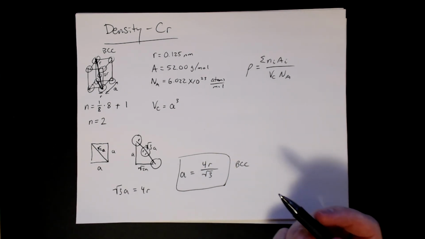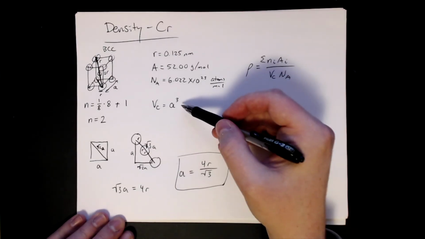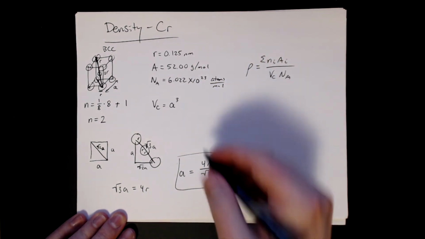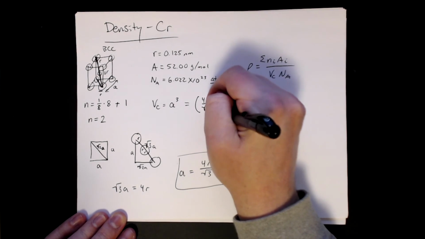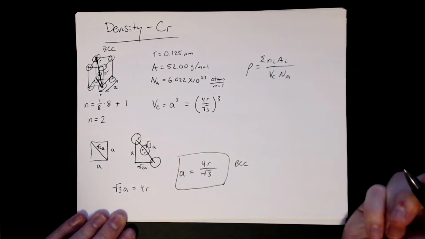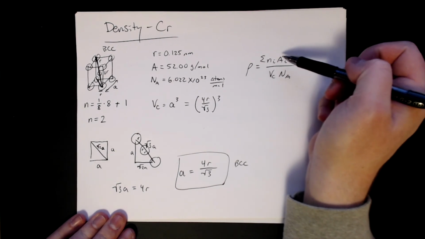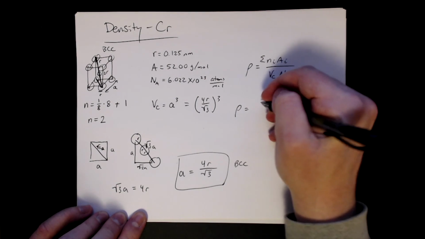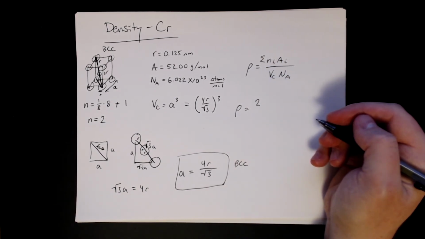So now we've got everything we need to know. The volume of the unit cell is A cubed, so we can plug in this expression down here, 4R over square root of 3 cubed. And we know R, so we can solve it now. So let's put in all those numbers. We've got 2 as our number of atoms.